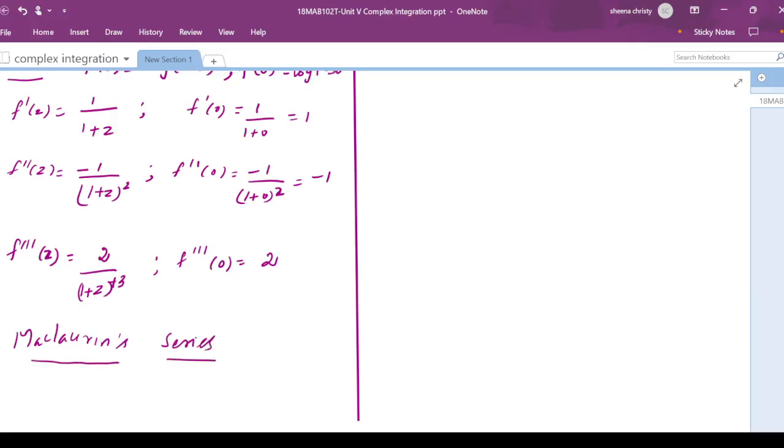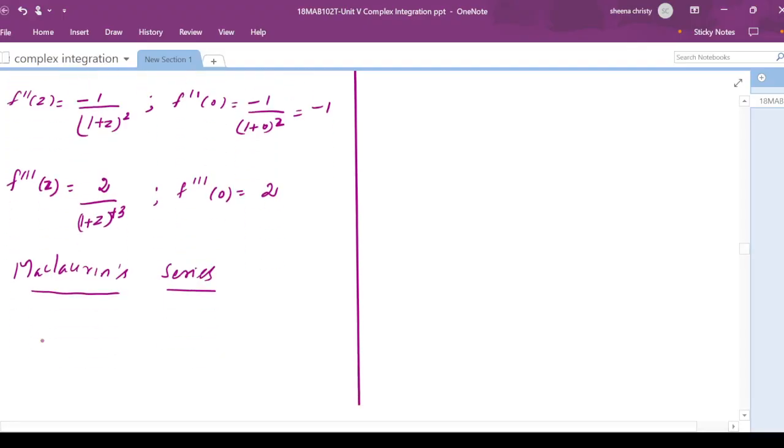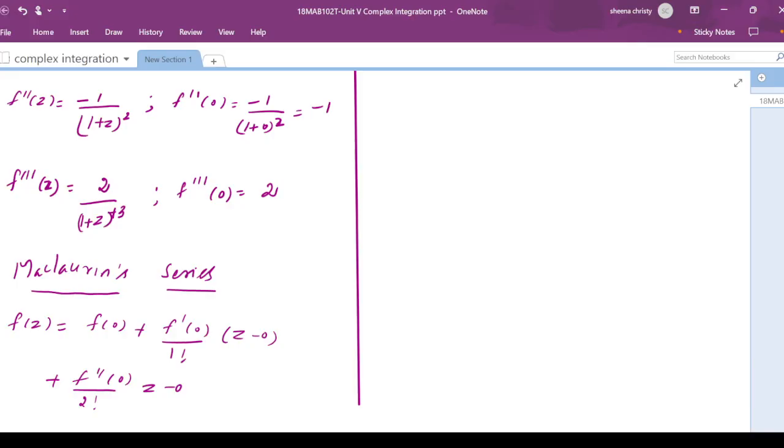Maclaurin series is f of z equal to f of 0 plus f dash of 0 by 1 factorial into z minus 0 plus f double dash of 0 by 2 factorial into z minus 0 the whole square plus f triple dash of 0 by 3 factorial into z minus 0 the whole cube, etc.